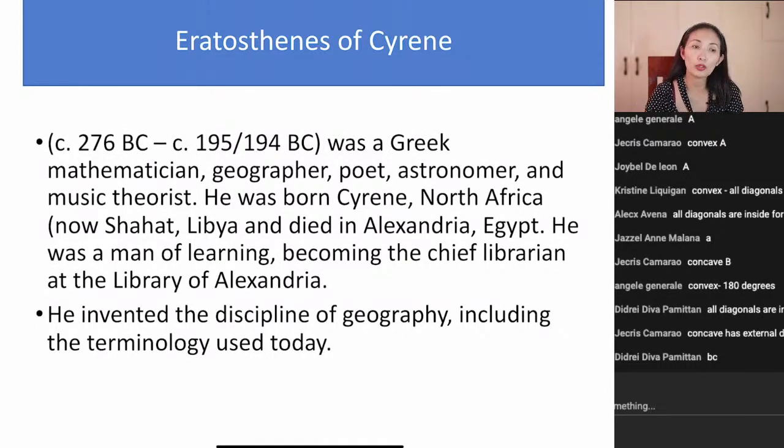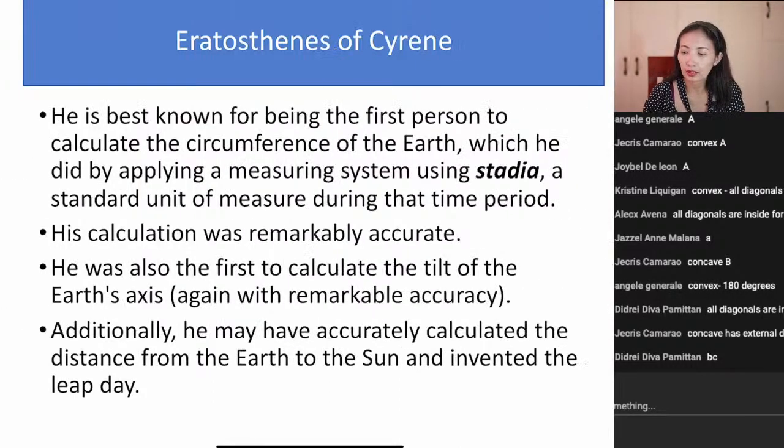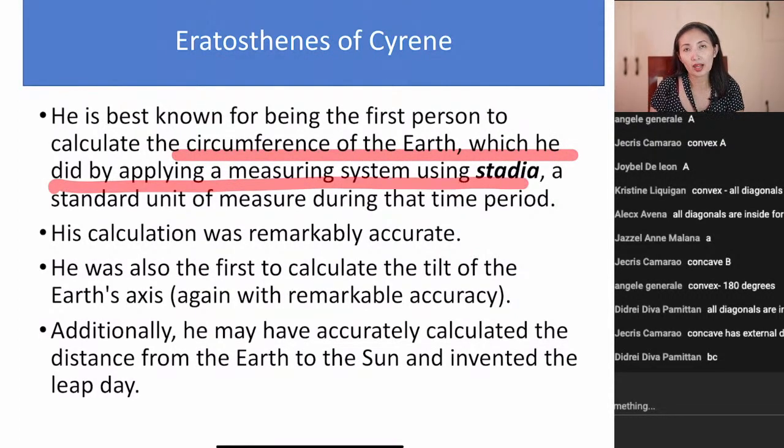He is best known for being the first to calculate, let me underscore, the circumference of the Earth, which he did by applying a measuring system using stadia, the standard unit of measurement during his period. His calculation was remarkably accurate.